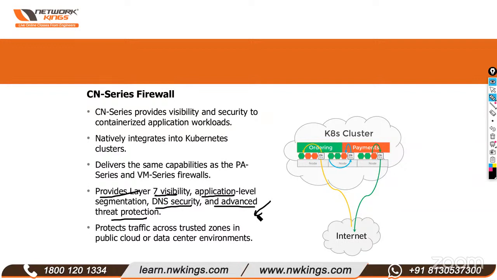Basically, it's a virtual device that you can place into Kubernetes clusters or nodes where you are seeing the traffic. What does CN stand for? CN is for container nodes, basically, like we have in Kubernetes.